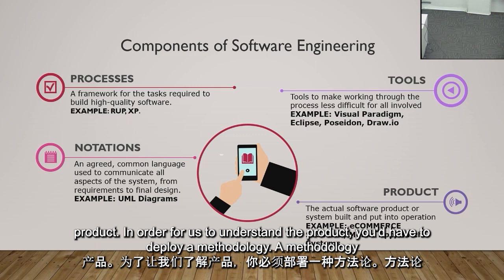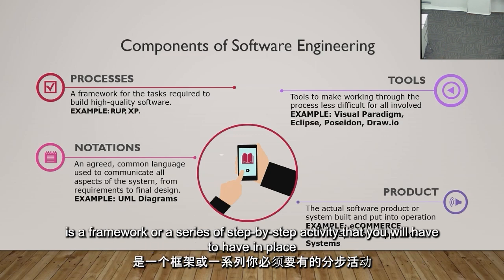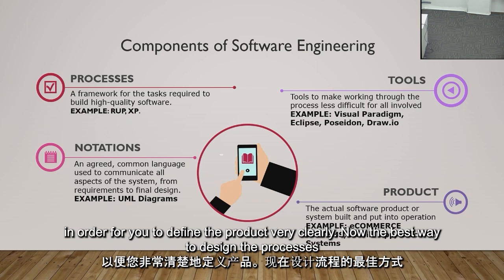In order for us to understand the product, you'd have to deploy a methodology. A methodology is a framework or a series of step-by-step activities that you will have to have in place in order for you to define the product very clearly.